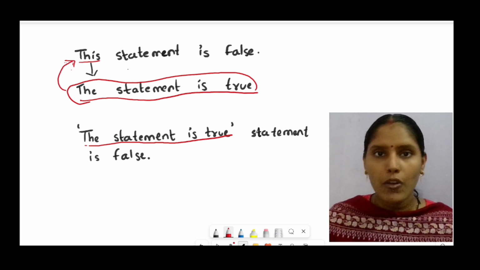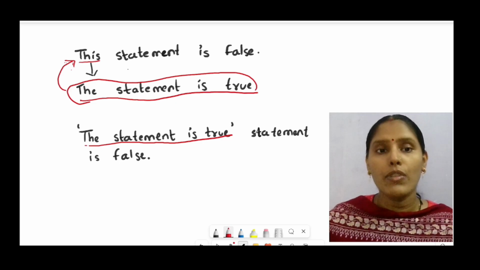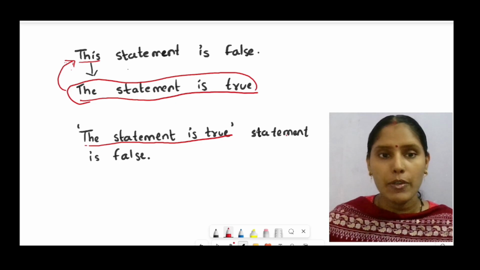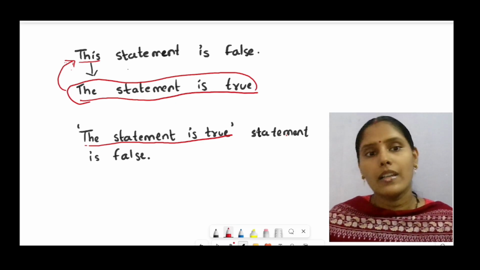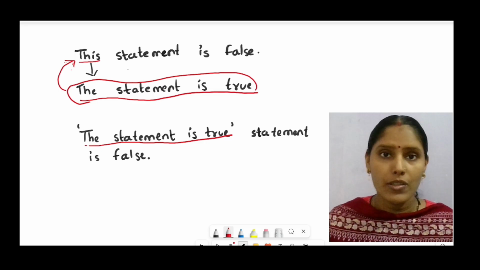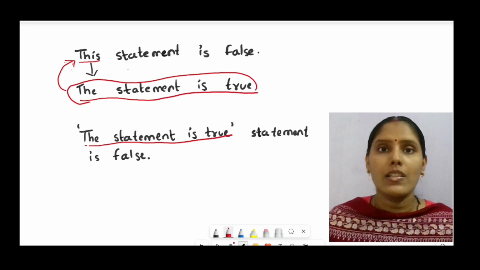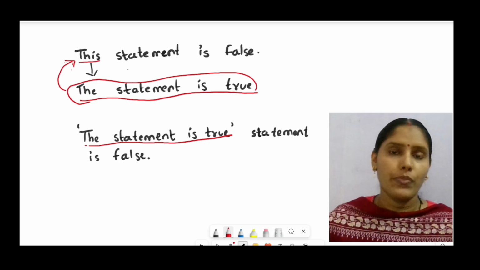Now, as per the meaning of this complex statement that has been formed, the meaning is: this statement is true, statement is false. So as per the meaning, it is false. When the meaning of the statement is false, then the statement is true.